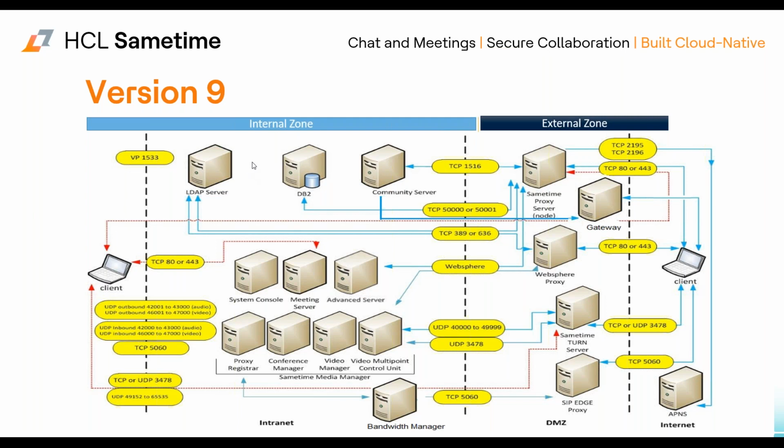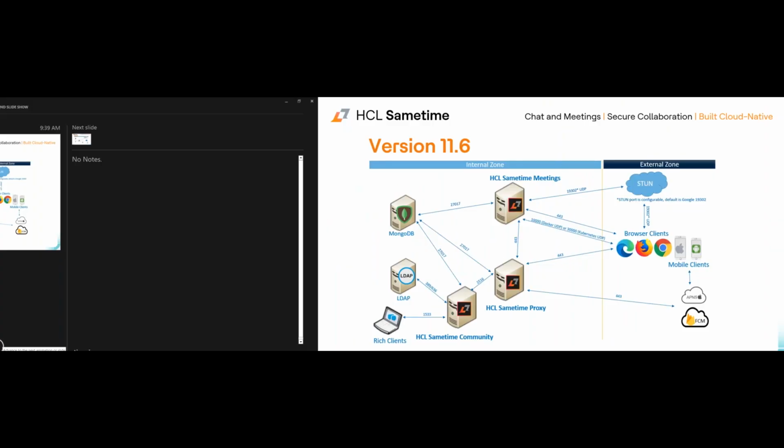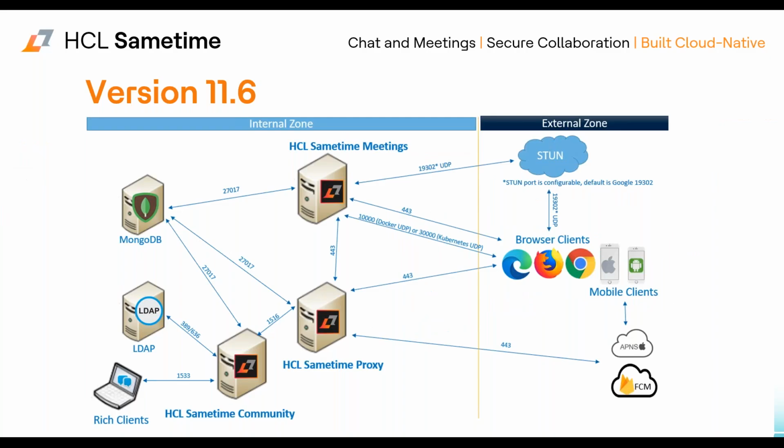But you know what? You can forget all of that, because now, even with 11.6, we simplified the deployment. To where it only required 3 basic servers in front, because in 11.6, the meetings was brand new to that environment.